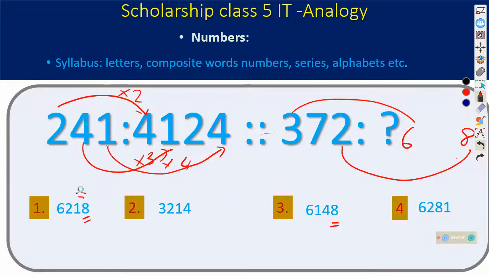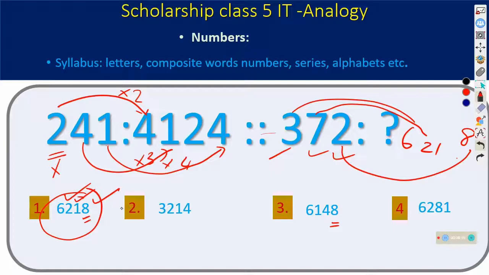So this is the answer, right? 7 multiplied by 3, 21. So what happened here? The first digit is multiplied with 2, you get 6. Second with 3, you will get 21. Third with 4, you will get 8. 6218 is the answer.